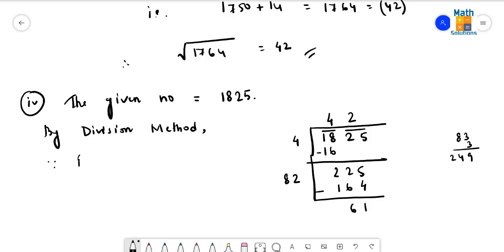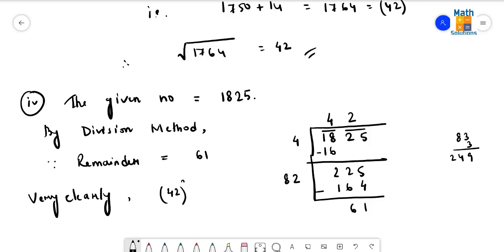Since the remainder is equal to 61, very clearly we can see that 42 square is less than 1825.